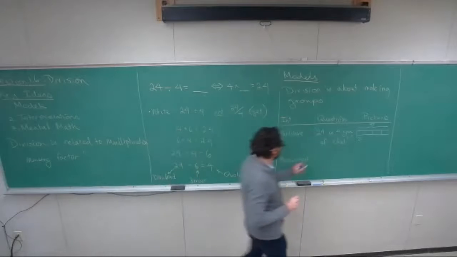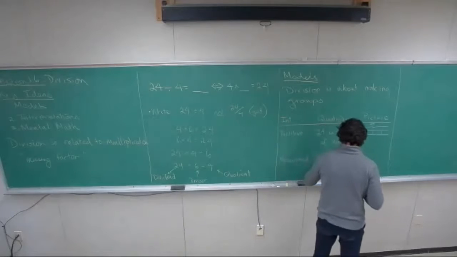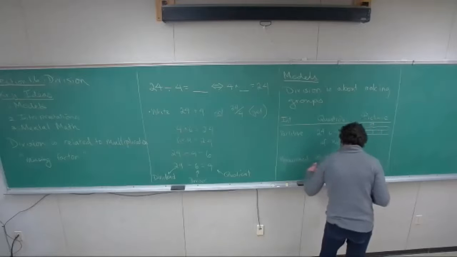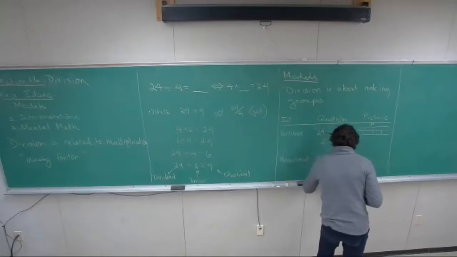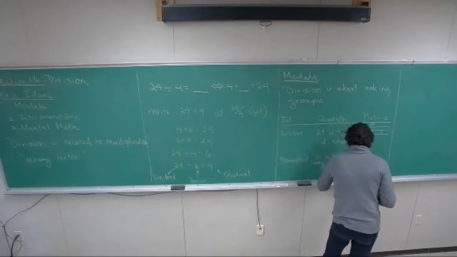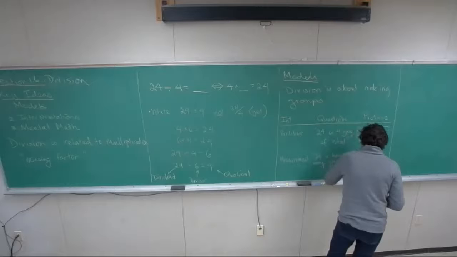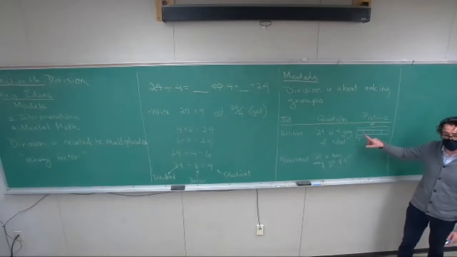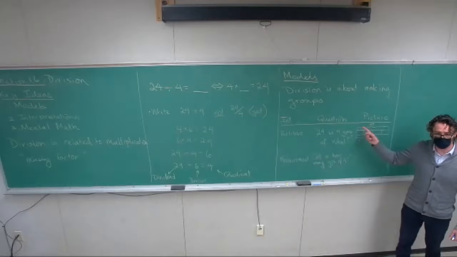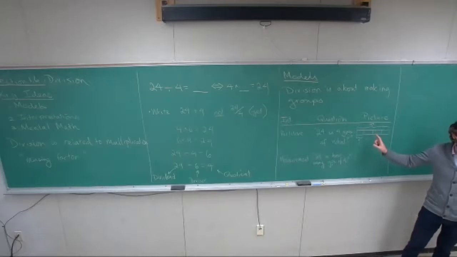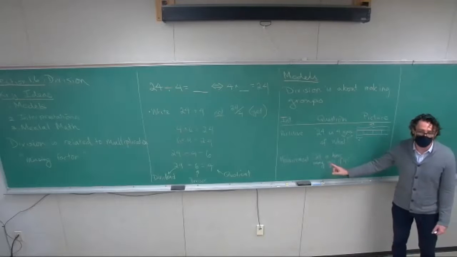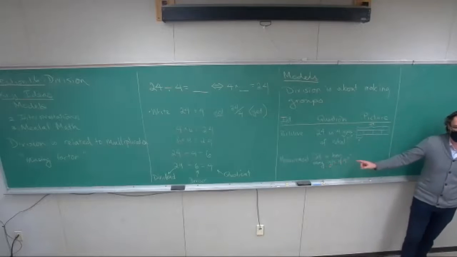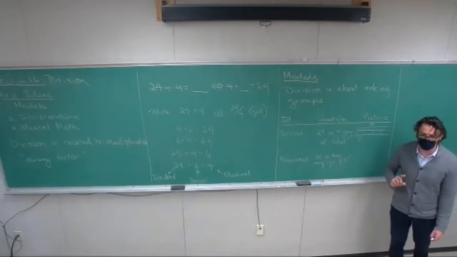Okay, so same total. Twenty-four is how many groups of 4? So here I told you the number of groups, and the challenge was to figure out how big the groups were. Here we're saying how big the groups are. The challenge is to find out how many there are.